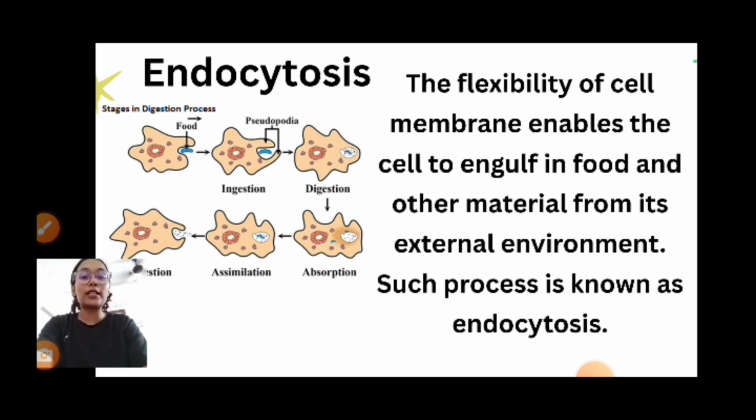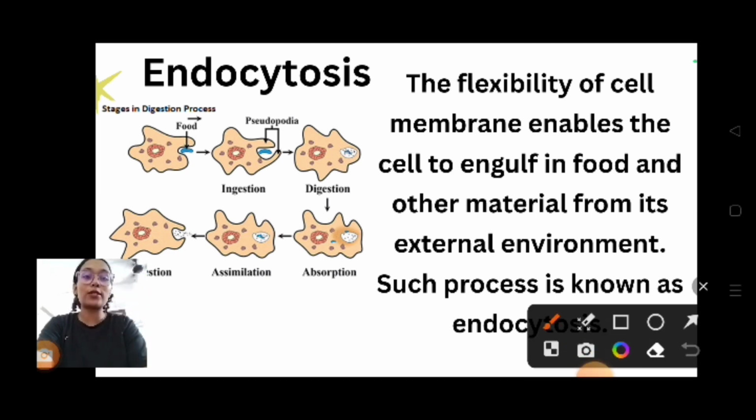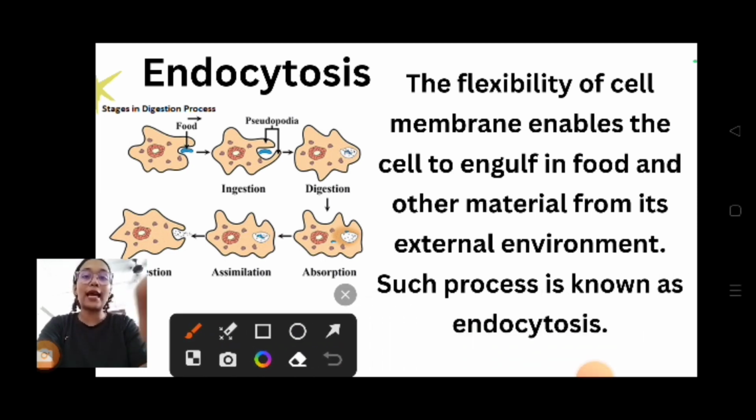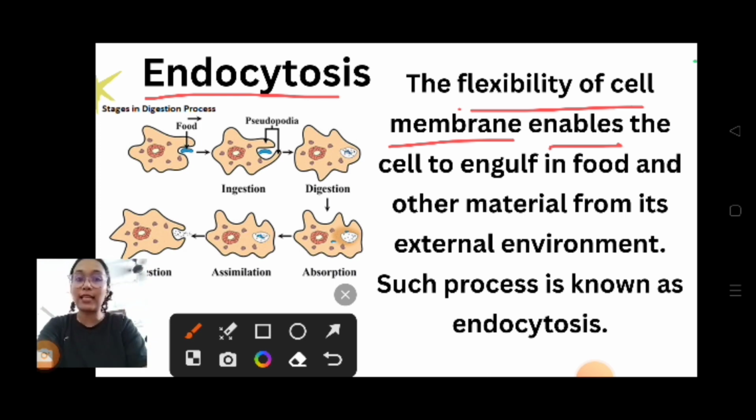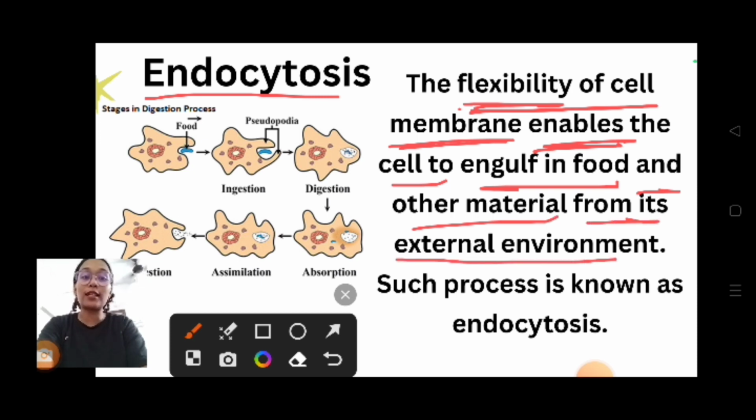Then moving on to the next slide. There is a concept called endocytosis. What do we mean by endocytosis? It is the flexibility of the cell membrane that enables the cell to engulf food in the form of a food vacuole, and other materials from its external environment. Such a process is known as endocytosis.